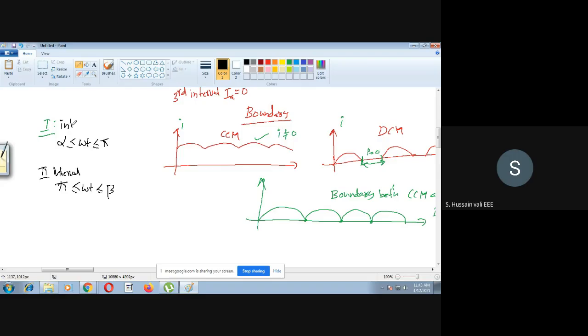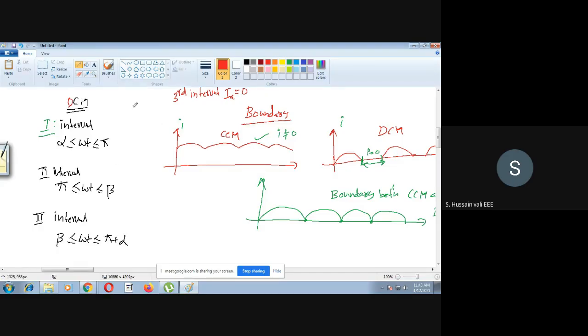The third interval is beta less than or equal to omega t less than or equal to pi plus alpha. So in discontinuous conduction mode, these are the three intervals.